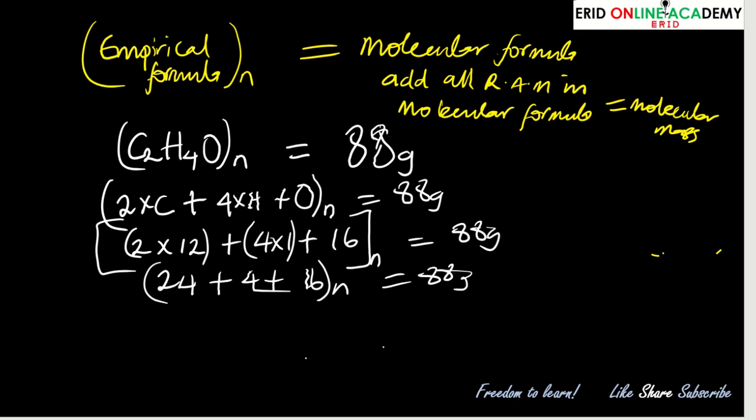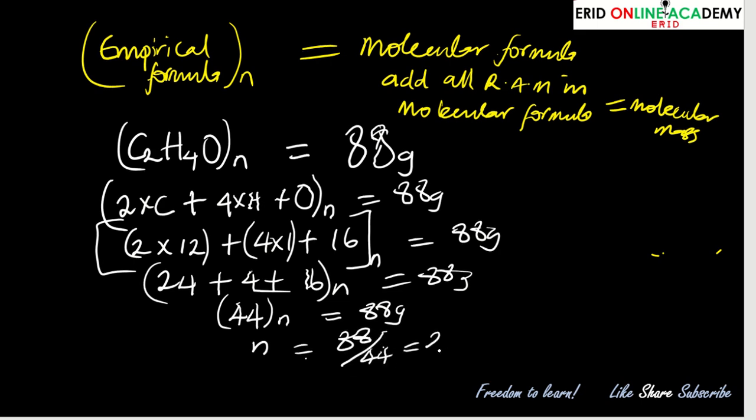If you add up all these, we get 44. So 44n equals 88 grams, so n equals 88 divided by 44, and that equals 2. So if n equals 2, going back to the empirical formula, empirical formula times n equals the molecular formula.